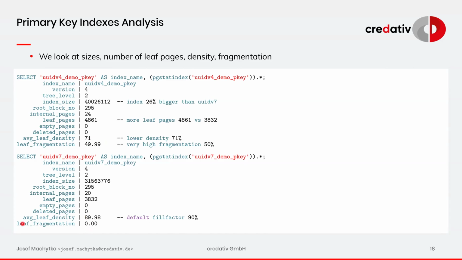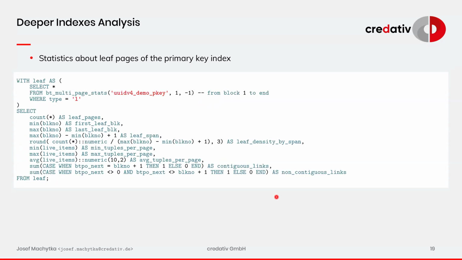And fragmentation of the primary key index on UUID version 7 is 0, but leaf fragmentation of the primary key on UUID version 4 is around 50%. Yeah, well, those are first numbers showing big differences.